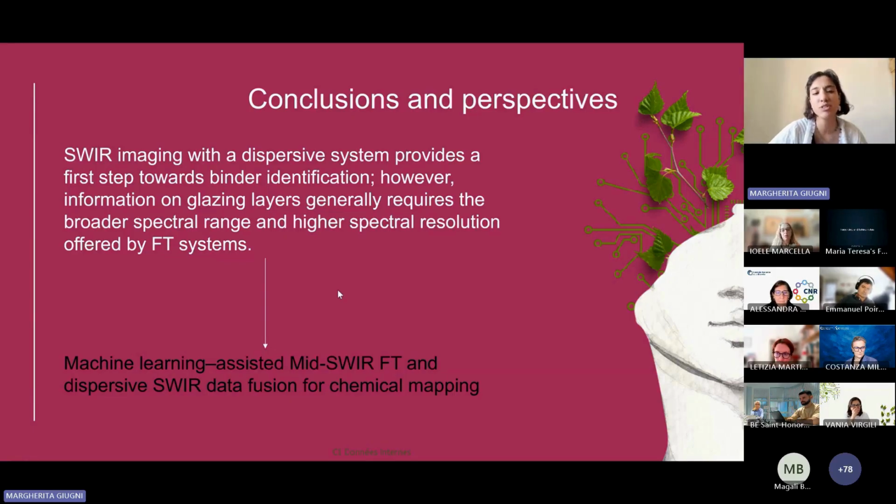What could be interesting as a perspective could be to design maybe a neural network that can perform data fusion on this mid-SWIR imaging data and the SWIR data obtained maybe with a dispersive system that has higher spatial resolution, so that we can obtain maybe chemically informed maps at a higher spatial resolution.